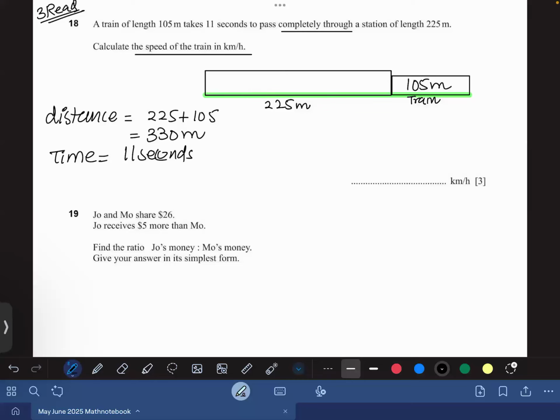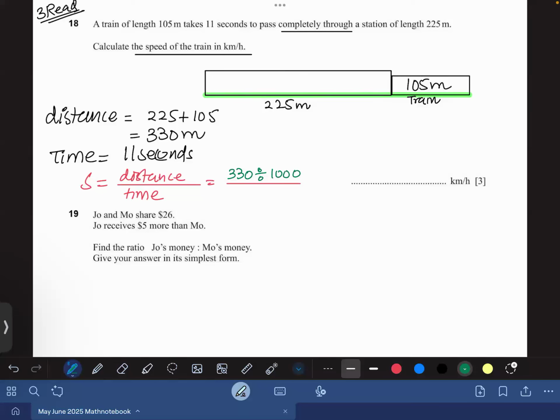Now, the speed is equal to distance divided by time. Agree, everybody? Like question number 1, the distance is in meters. I need to convert the distance into kilometers as well. Should I write 330 divided by 1000 in the numerator?